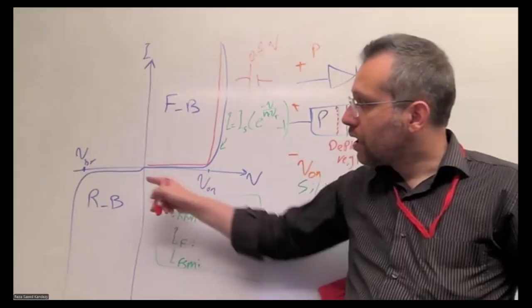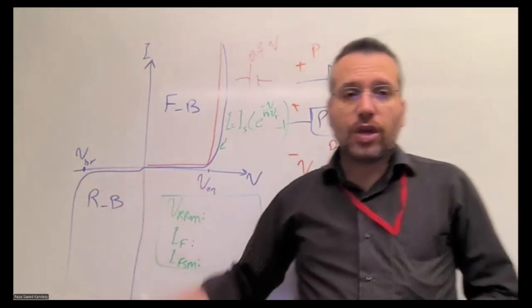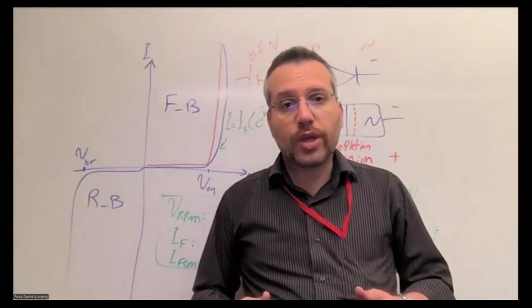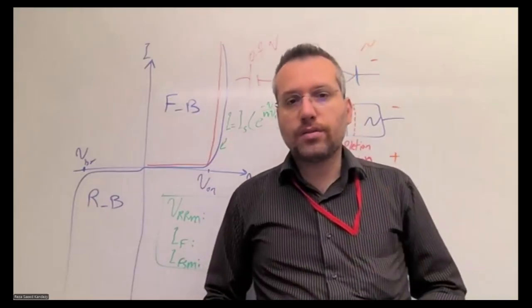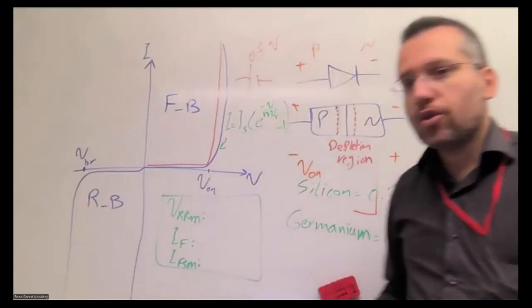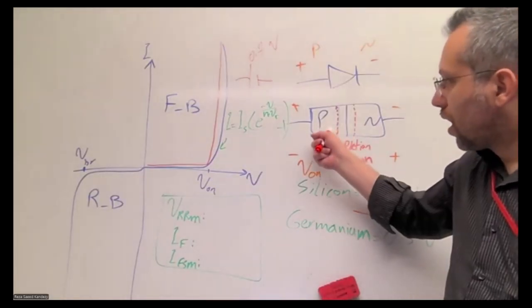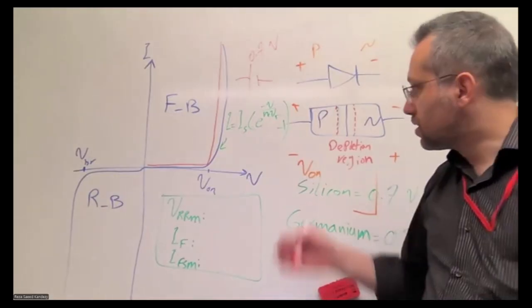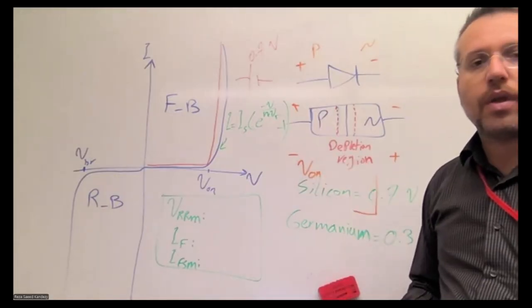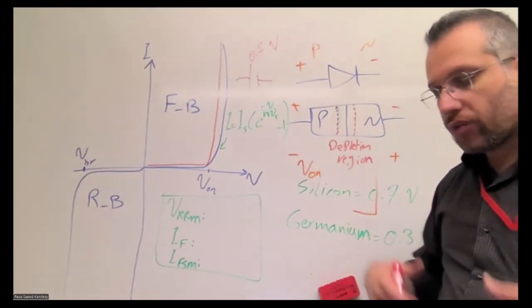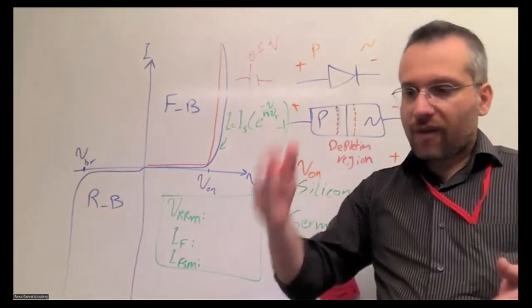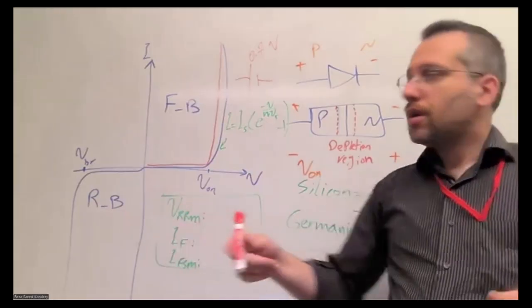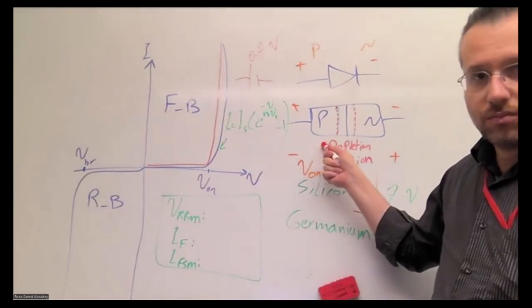But it's not like you can apply a reverse voltage as big as you want. The diode is still a physical component, so if you increase the voltage after a certain threshold, it's going to burn out.